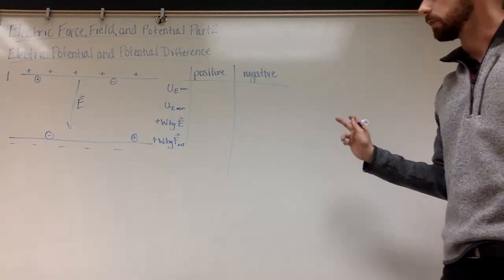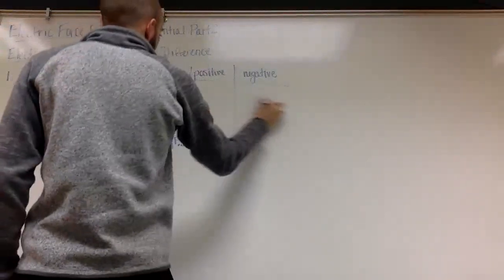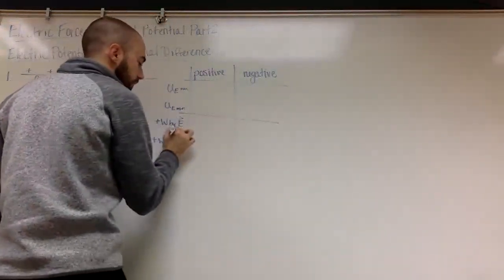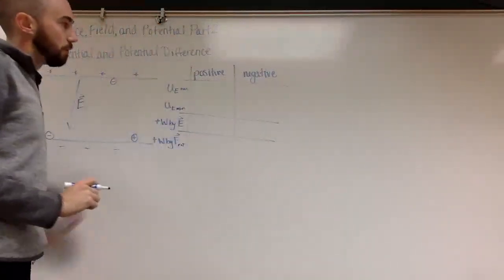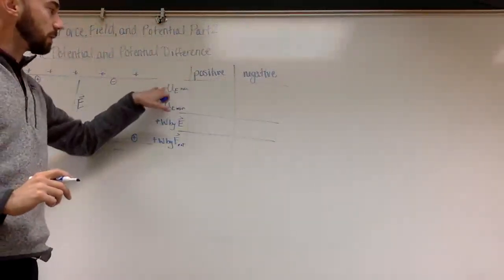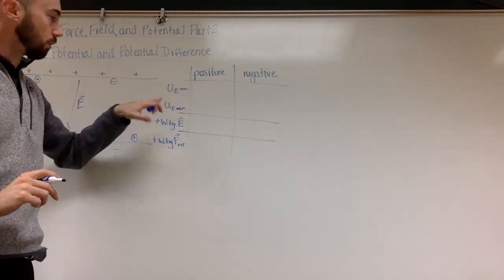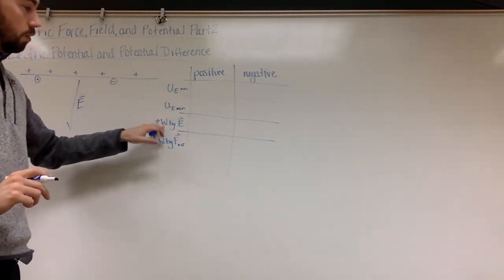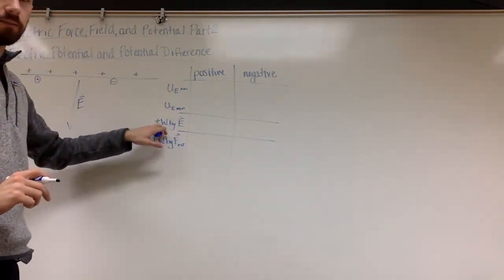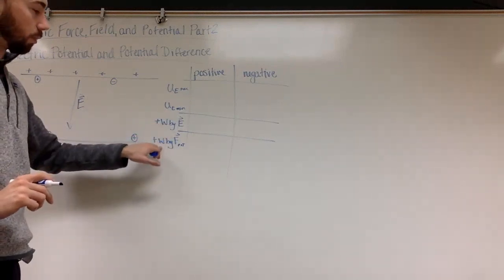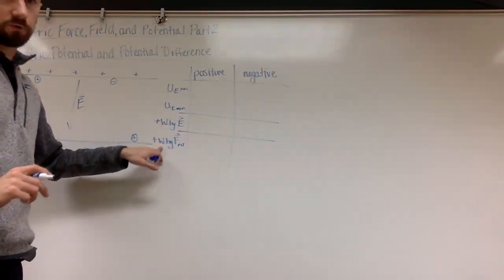What I want you guys to do is fill out this chart for our positive charges and for our negative charges. So for the positives and the negatives, I want you to tell me where they have the most potential energy, where they have the least potential energy, where work is going to be done by the electric field, and where work is going to be done by an external force to make it move.